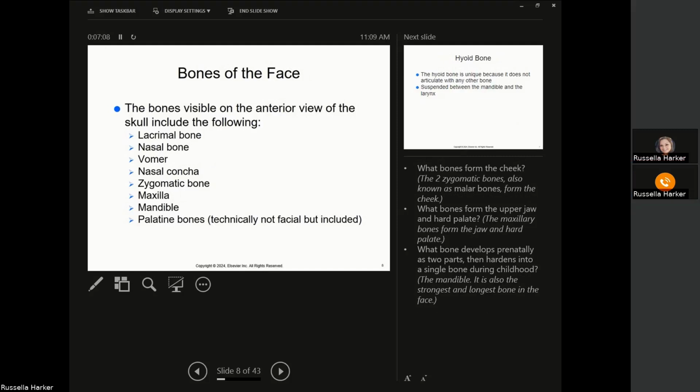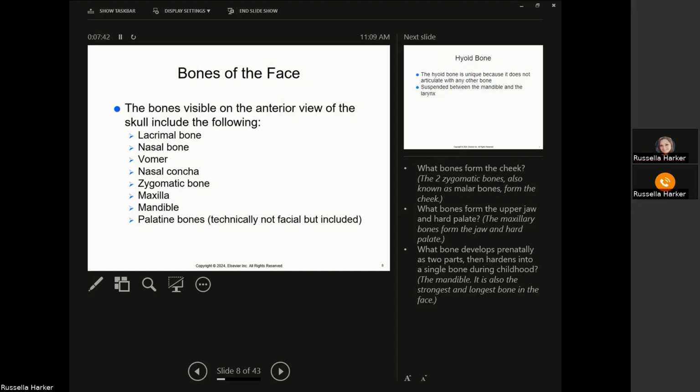The vomer is a single flat bone that forms the base of the nasal septum. And nasal concha: each lateral wall of the nasal cavity consists of three projecting structures that extend inward from the maxilla, called the nasal concha. Each extends scroll-like into the nasal cavity. The superior, middle, and inferior nasal concha are formed with the ethmoid bone.